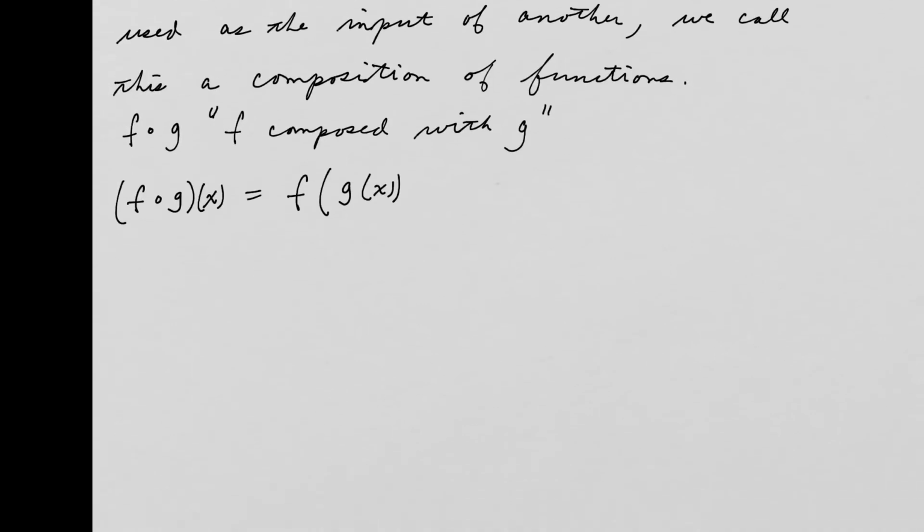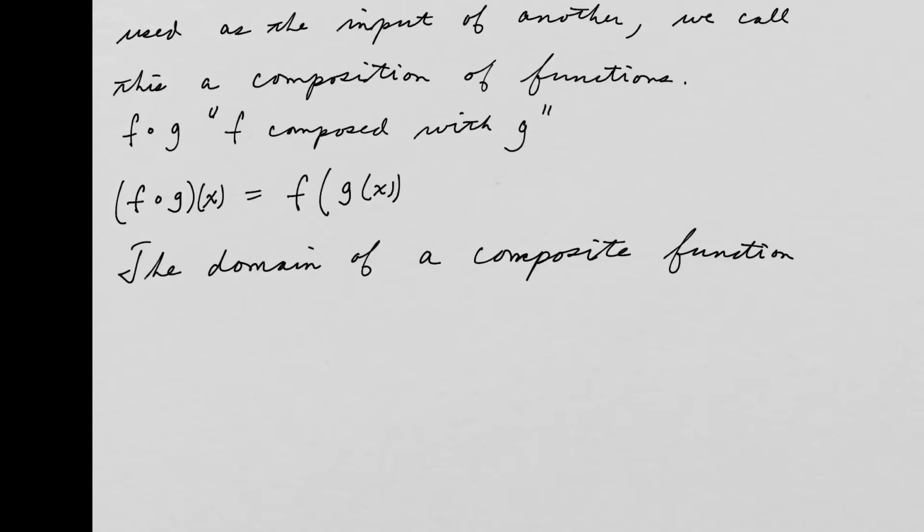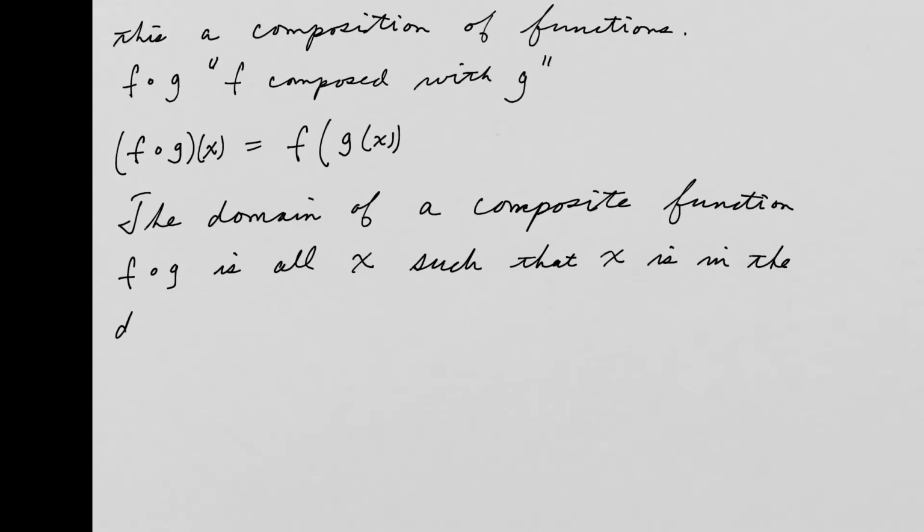Now, in terms of the domain of a composite function, f of g is all x such that x is in the domain of g and g of x is in the domain of f.